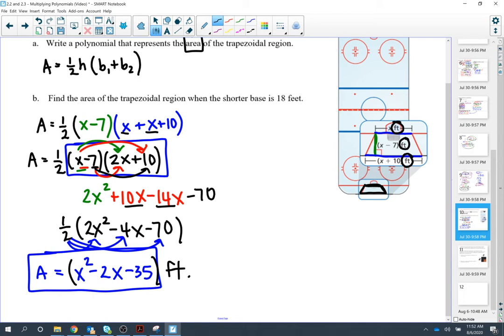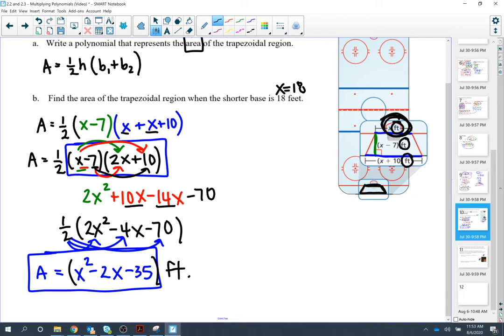So part B says find the area of the trapezoidal region when the shorter base is 18 feet. Okay, we'll go look at your picture. Which one is the shorter base? Well, this is the shorter base. They're saying that the shorter base is 18. Well, the shorter base is x, so really they're saying x is 18.